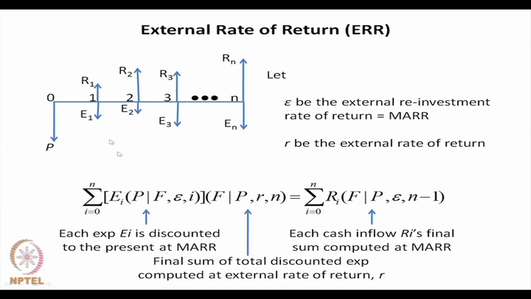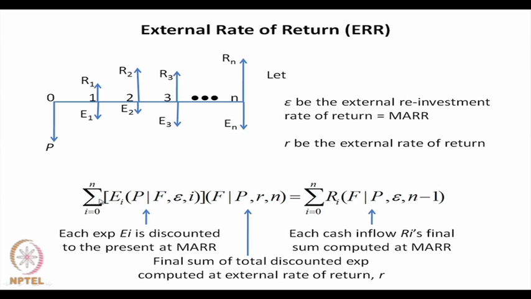So, E1 is multiplied by the single payment present worth factor P given F, Ei, plus E2 into the single payment present worth factor, multiplied with i equal to 2 here, like that.